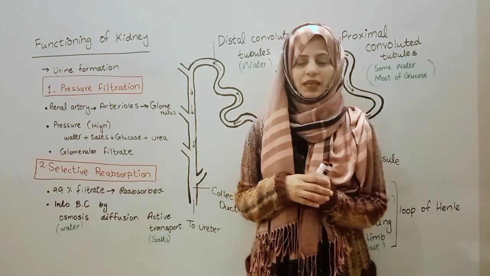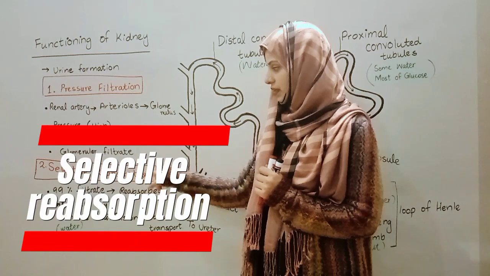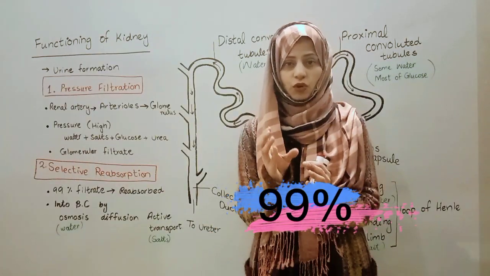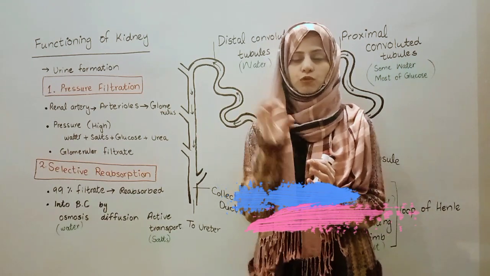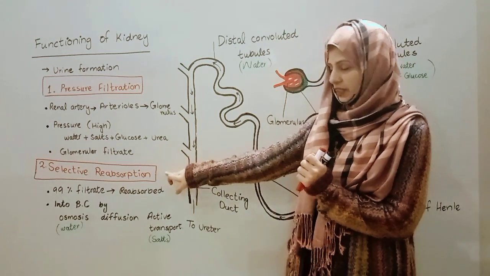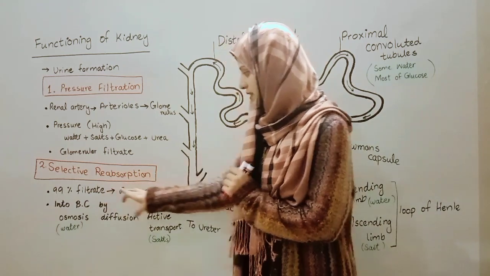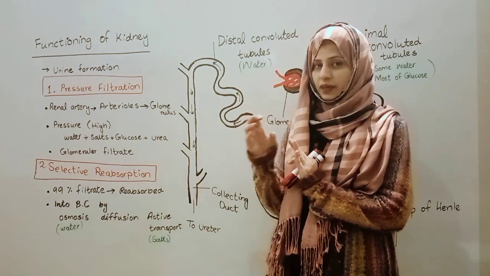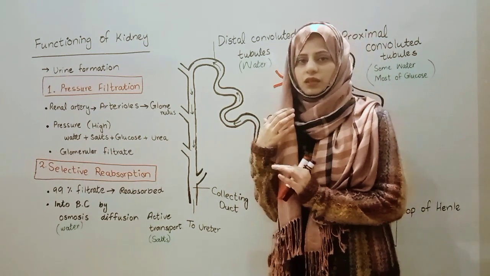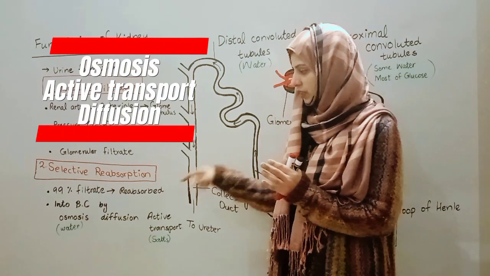Let's talk about the second step of urine formation, that is selective reabsorption. In this step, 99% of the filtrate is reabsorbed into the blood capillaries which surround the nephron, through different processes like osmosis, active transport, or diffusion.